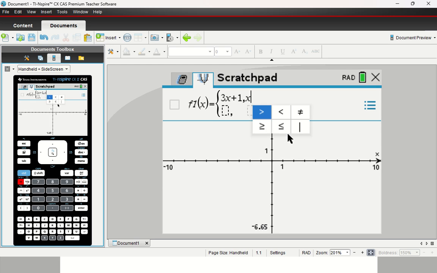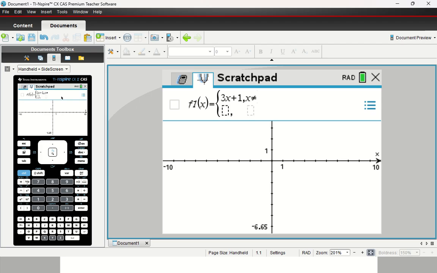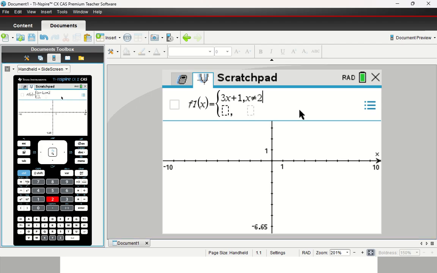There we go, there's my other symbols. It's not equal to what? 2. And this next one is 10 when x equals 2, right? Like that.